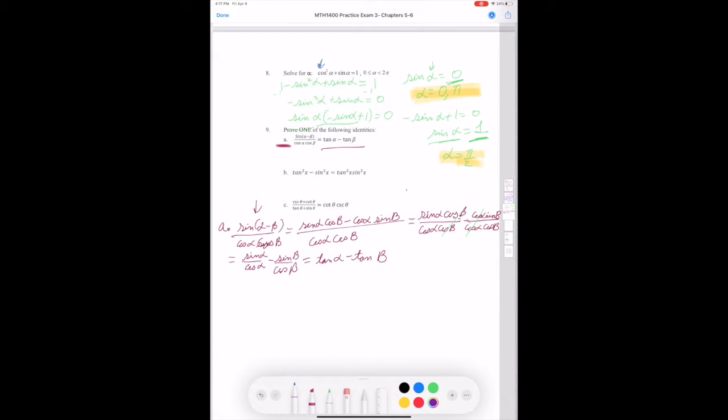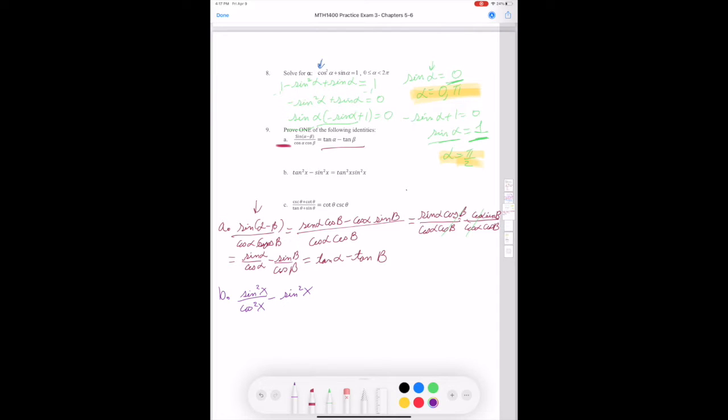For part B, I have tan squared x minus sine squared x. And what I'm going to do is use that trick where we rewrite tangent as sine of theta over cosine theta. So that would give me sine squared x, I don't know why I was saying theta, over cosine squared x minus sine squared x.